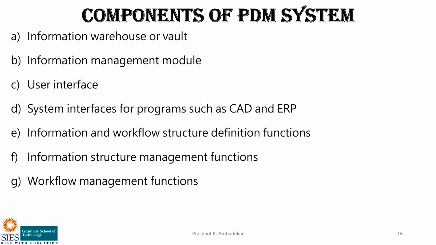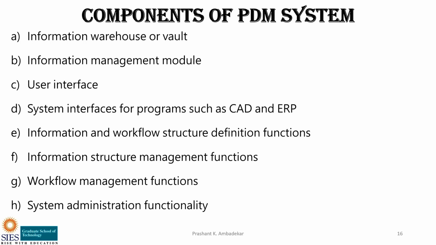For example, it manages the engineering changes, it manages the revisions, and so on. The next component is system administration functionality, which is used to set up and maintain the configuration of the system, to assign the roles, to modify the roles of the users, to provide access to the users, and so on. All the administration related functionality.